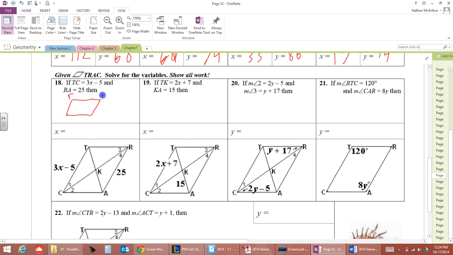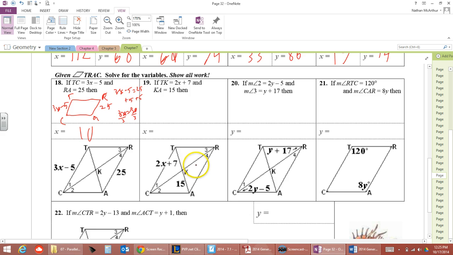T has to be TRA. If you didn't draw the picture, then you wouldn't know what to set equal to what.